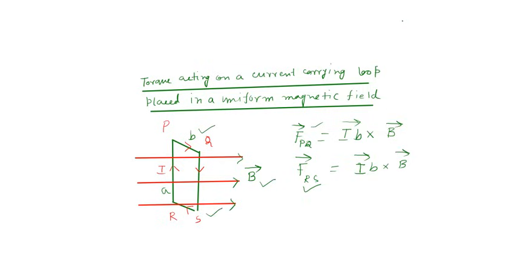So they both must be perpendicular to small b as well as capital B. So this should be the direction of FPQ and this should be the direction of FRS.